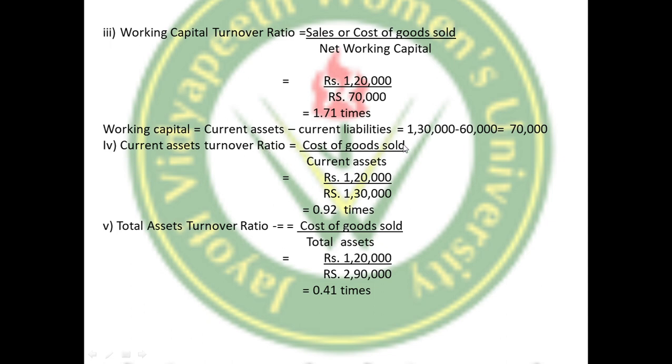All these formulas are basically similar, just the denominators are different. If we are talking about current assets, the denominator will be current assets. If the ratio is total asset turnover, the denominator will be total assets.